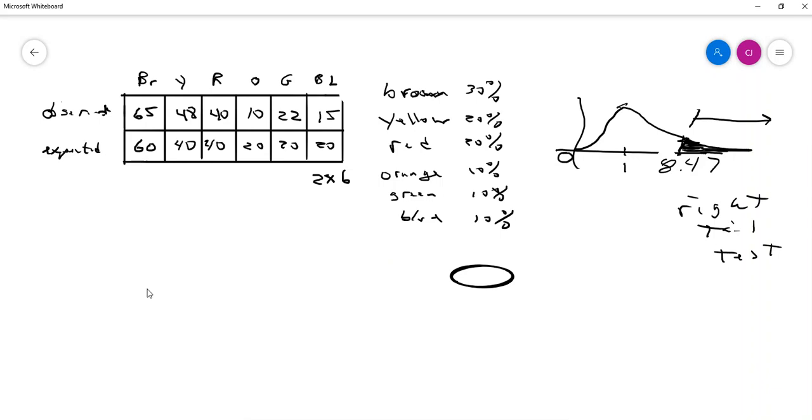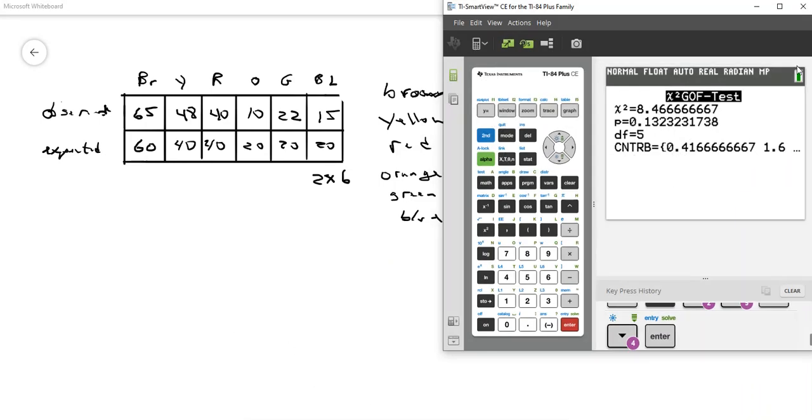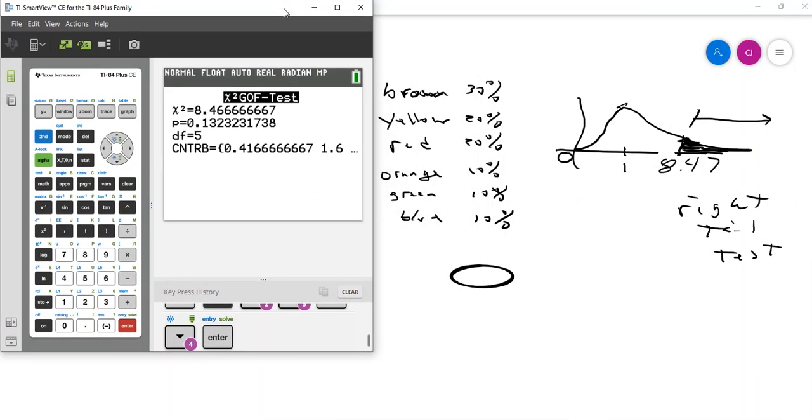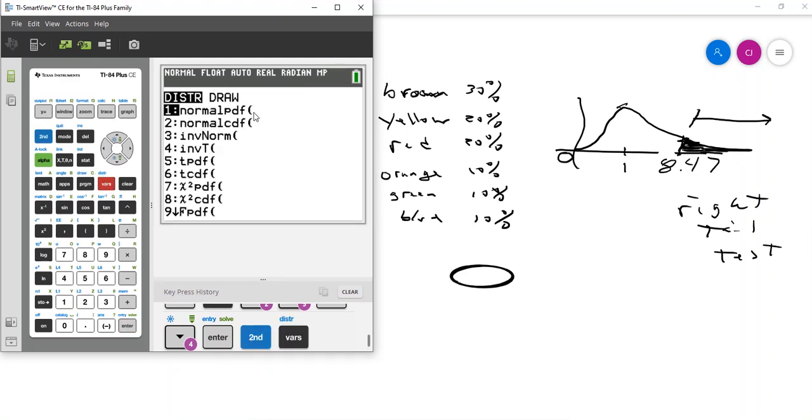And if you go back to the calculator, right? Let's go back to this calculator and move this thing over here. Now, if you remember, how did we find area under the curve? Well, we went into distribution and we did normal CDF. When this is on a normal curve, we would be able to do that. But here, with our 7 chi-square PDF, 8 chi-square CDF. So we want to come down to chi-square CDF.